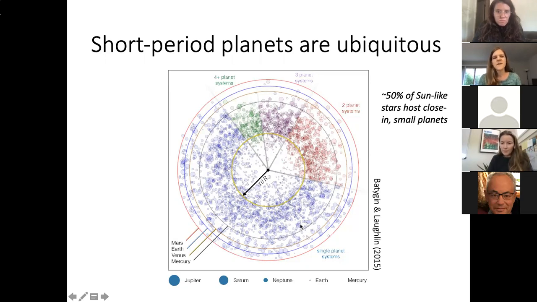They're frequently in between the sizes of Earth and Neptune. And as you can see with this pie chart style depiction, there's also a fairly large fraction of multi-transiting exoplanetary systems. So I'm primarily going to focus on these types of systems today.